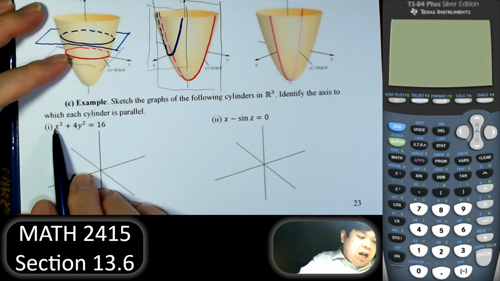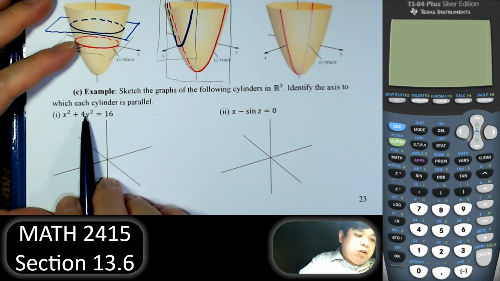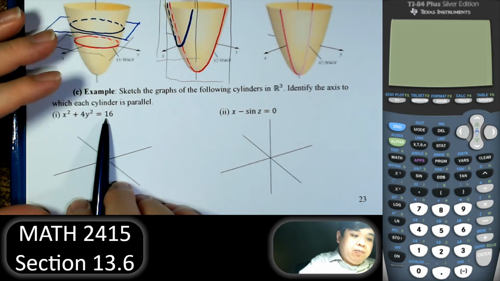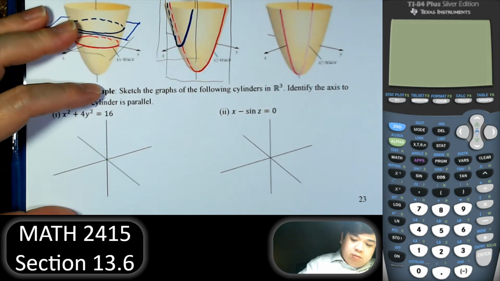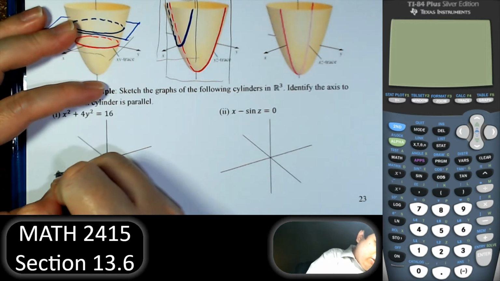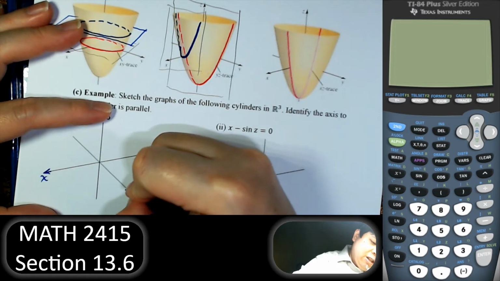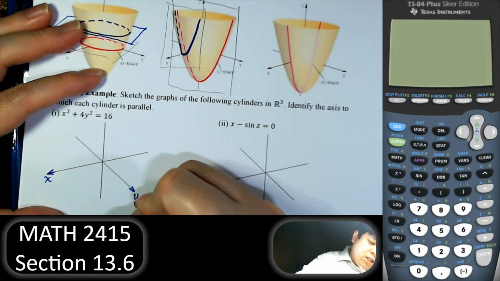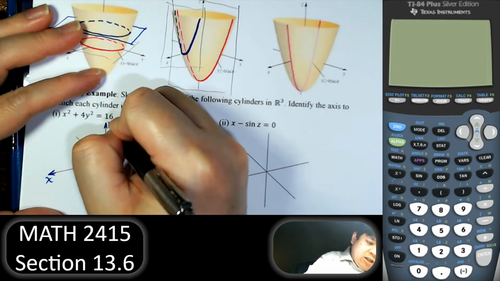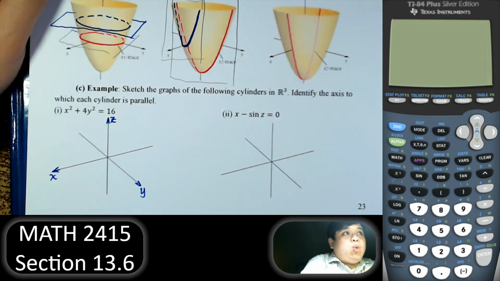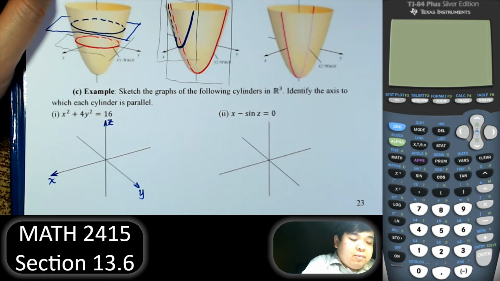Right, first let's look at x squared plus 4y squared equals 16. Now let's look at the xy plane. First of all, of course, we identify which one is which. This one is the x-axis, the y-axis here, and the z-axis there. x squared plus 4y squared equals 16.